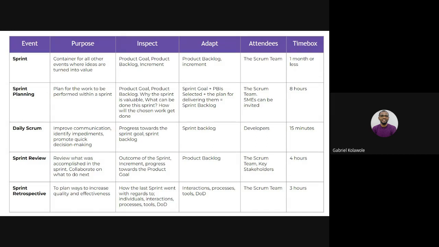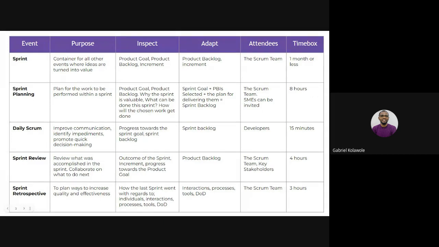In fact, one of the reasons they are needed is that during your sprint planning session you could have certain things that are not clear to you, that perhaps you couldn't sort out during your refinement session. If they are there, perhaps they could be of help. The time box for this is eight hours according to the Scrum guide.